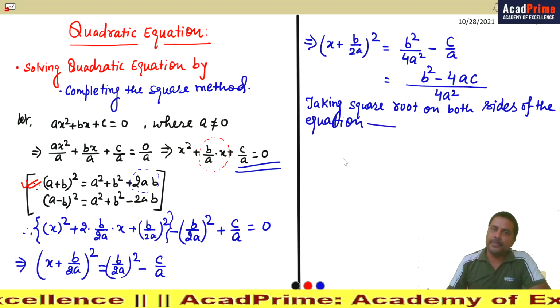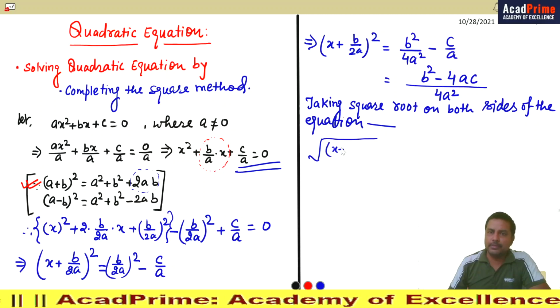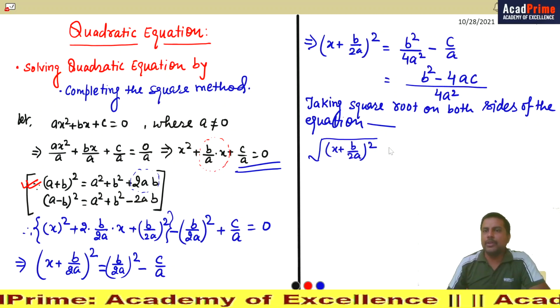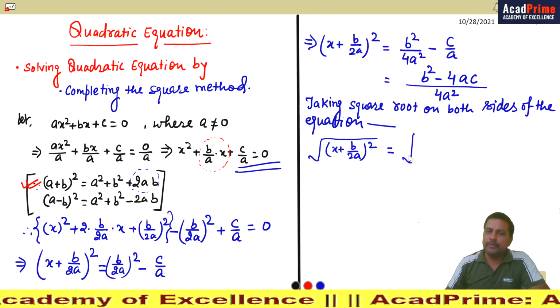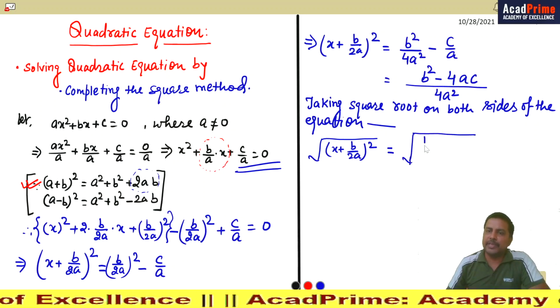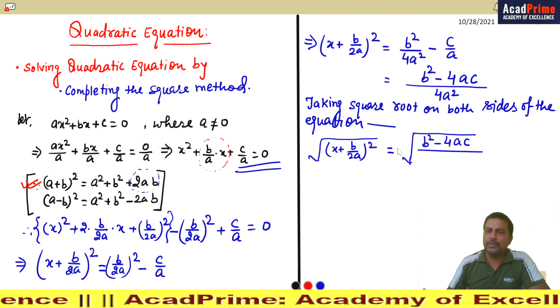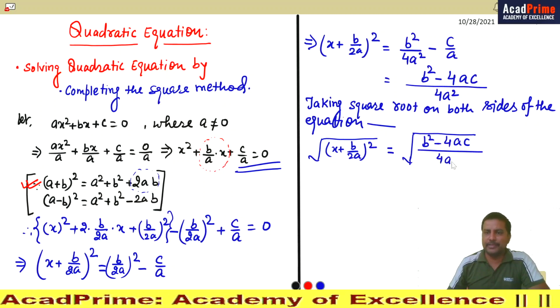That will be root under x plus b by 2a. We can take a square root on both sides of the expression. That means whatever operation we need to do, we can do it on both sides of the expression. Then there should not be any change in the expression. All right, so I'm just taking a square root because I have to just remove this square. That's why I'm taking the square root.